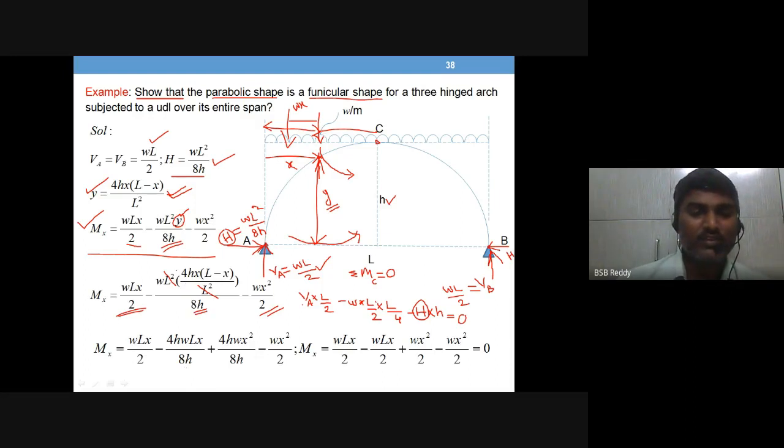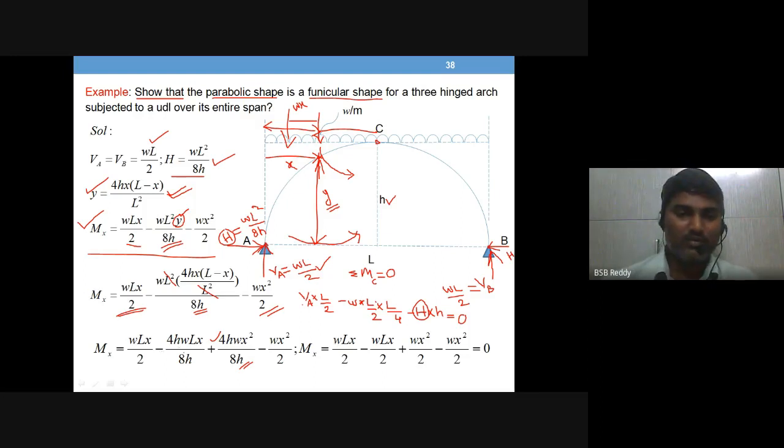So what you have, the first term is W into 4hx into L, that is this one. So minus of minus is plus for the second term, and W into 4hx into x square, divided by 8h is common, and the third term is Wx square by 2.